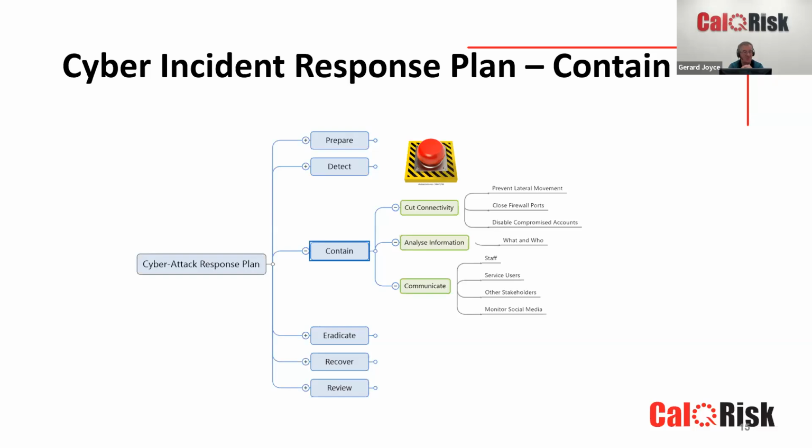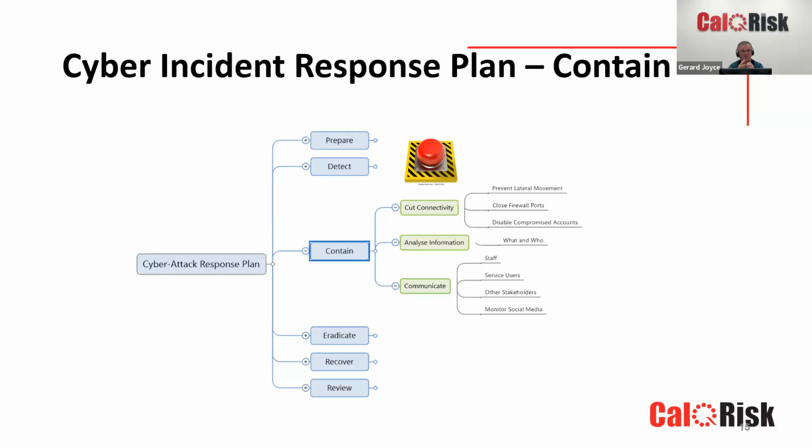It's not pulling the power cord, it's more pulling the data cord, but preventing access to anything. I would caution about switching things off, because if you switch things off, information is lost. If they're still switched on, but you've just removed connectivity to the internet and to users, the forensic guys at least will be able to analyze and see what exactly has happened. That could be important forensic information.